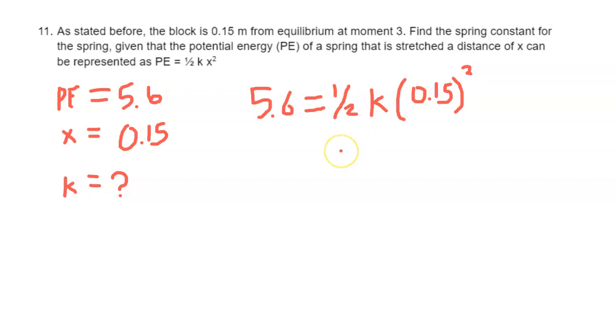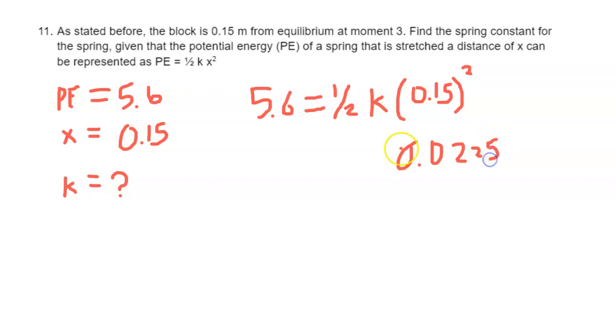Now here's where we have to do a little bit of math. We have to do the 0.15 squared, and then we have to handle the 1/2 as well. So let's start with 0.15 times 0.15. That's 0.0225.